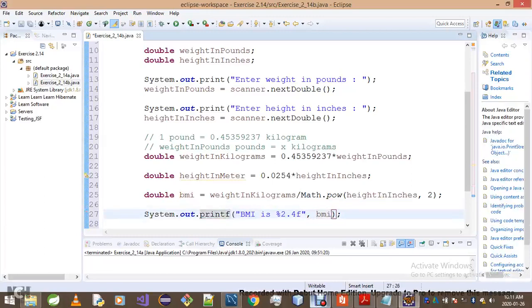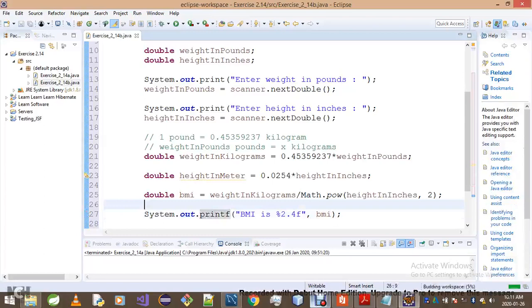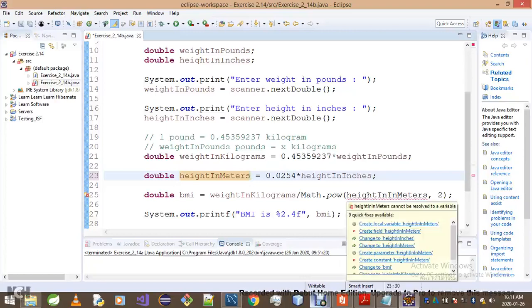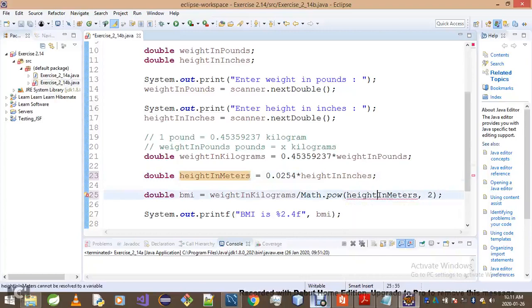Okay, it's printf. No, it's height in meters, not in inches. In meters. Okay, let's hit the run button. Height in meters.